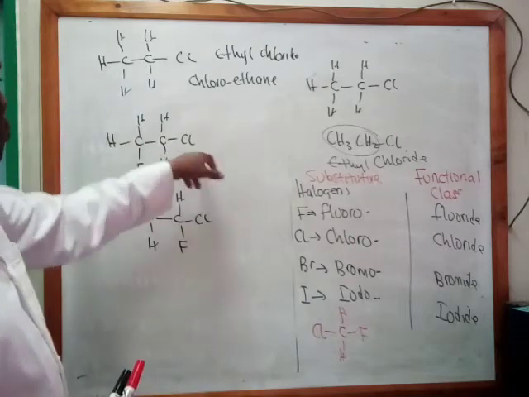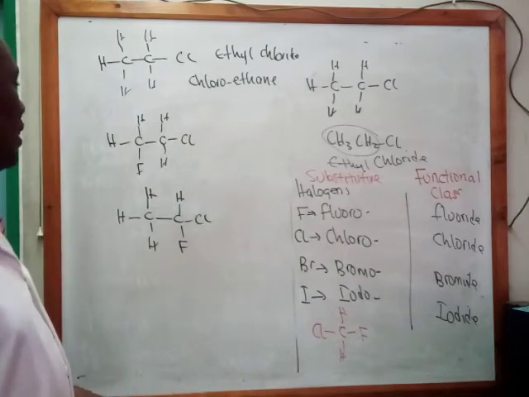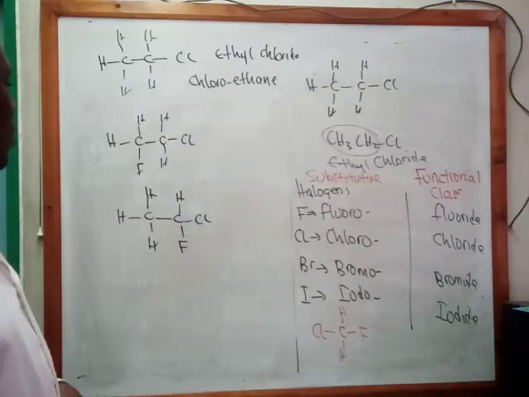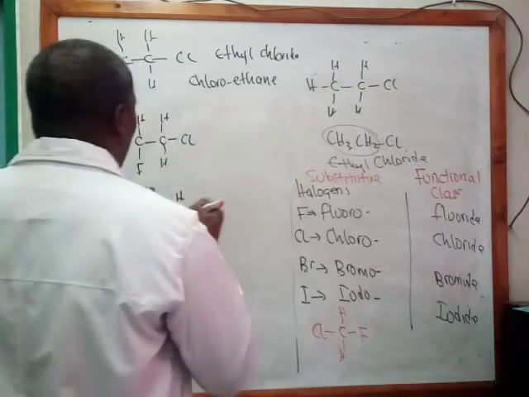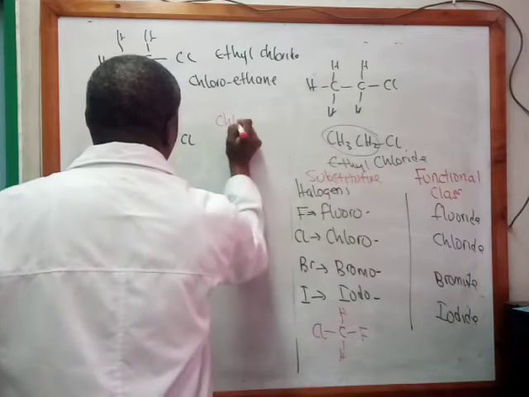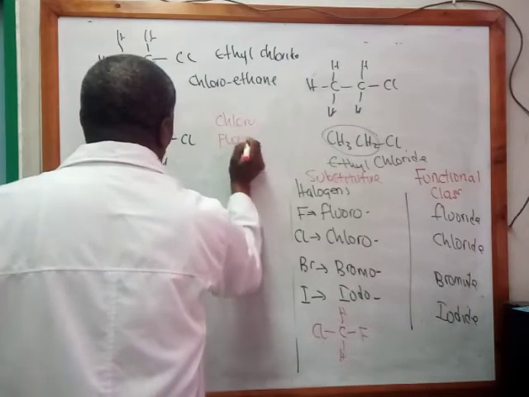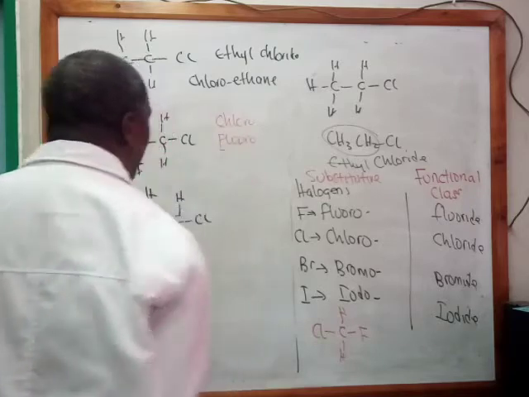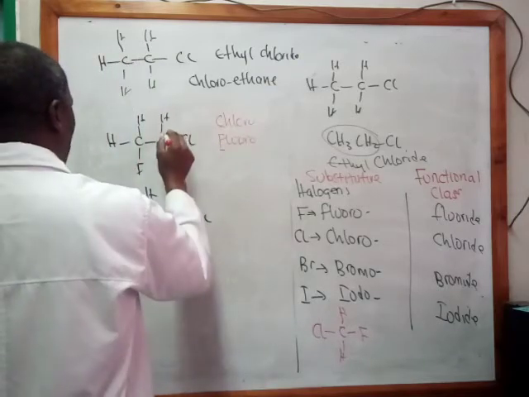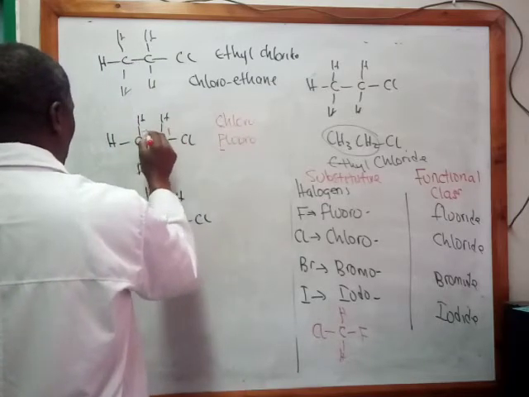So what you're going to do is to use the alphabetic way, in which in this case there is a chloro, and then there is a fluoro. So the C comes before F. So in this case, I'm going to start numbering. This is carbon number 1, this is carbon number 2.